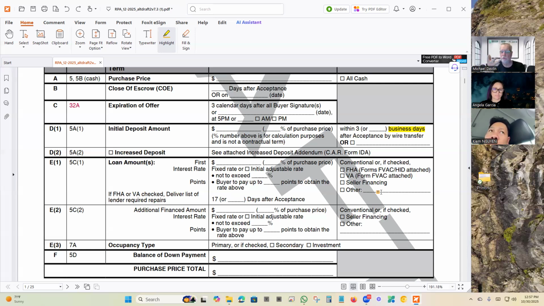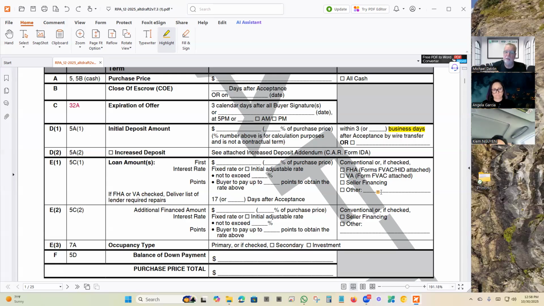And if you write in an interest rate that's ridiculously low, see, one of the things we used to do when we had loan contingencies, and in Silicon Valley very few people do, but outside of Silicon Valley there are more loan contingencies, what we would do sometimes to be sneaky is figure out what the interest rate was from the loan agent, and we would put in an interest rate low enough that it probably doesn't exist. That way we would have an out, even if the loan was being approved but we didn't want to buy the house, we could say, well, the interest rate is too high.